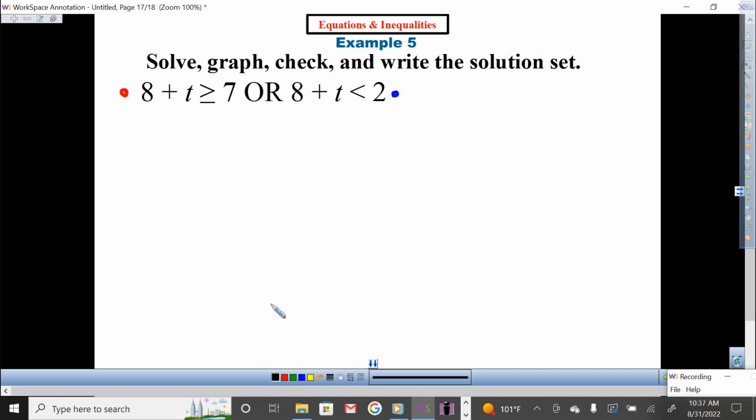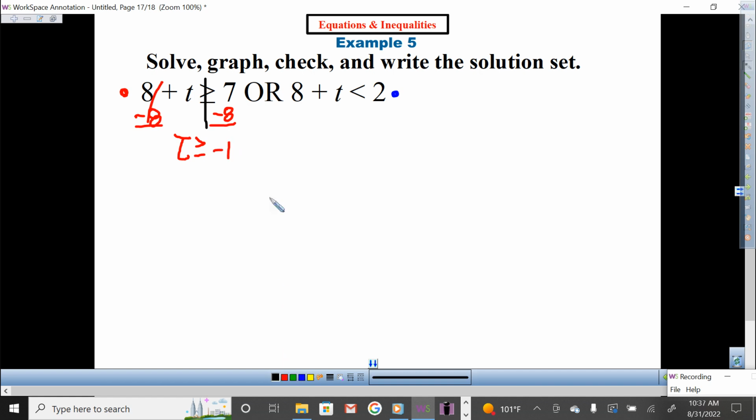So with that said, check this out. I'm going to start with this one. Line down the inequality symbol. So tell your neighbor to leave t by itself. What would you do for that one? Yeah, subtract 8, and we end up with t greater than or equal to -1.